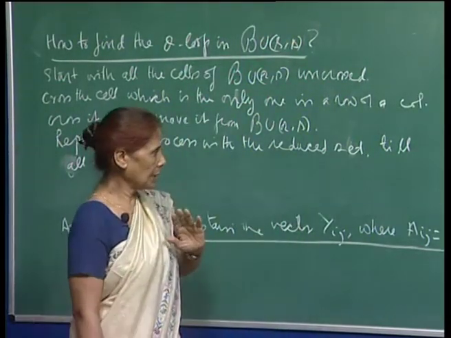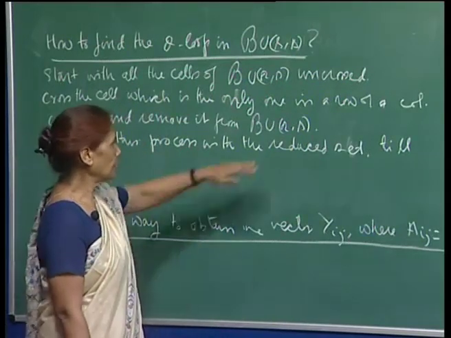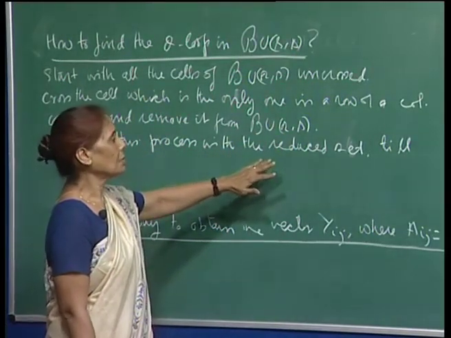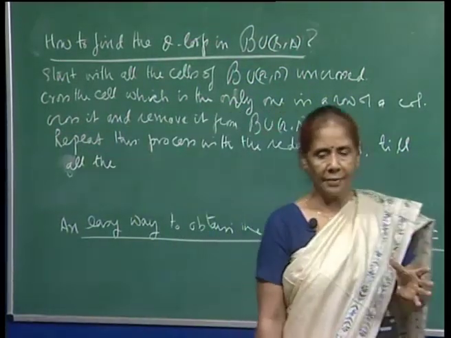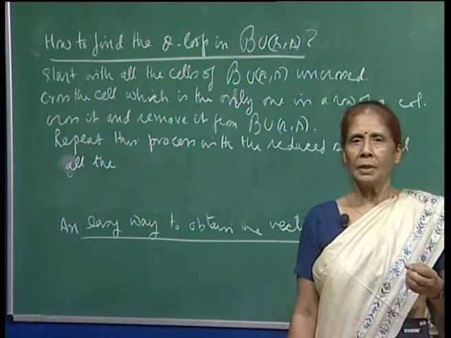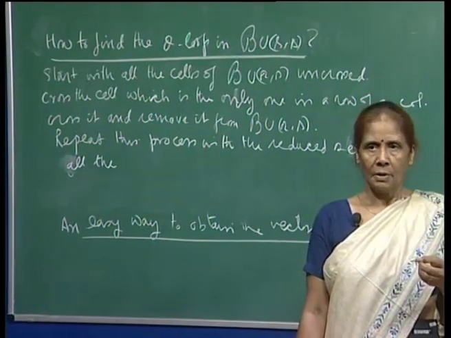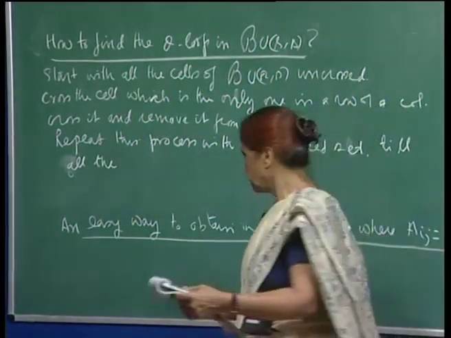And when you cannot find a cell from this which is the only one in a row or a column, you will stop, which means that the remaining cells that you are left with have the property that every row and column has two of them, right.